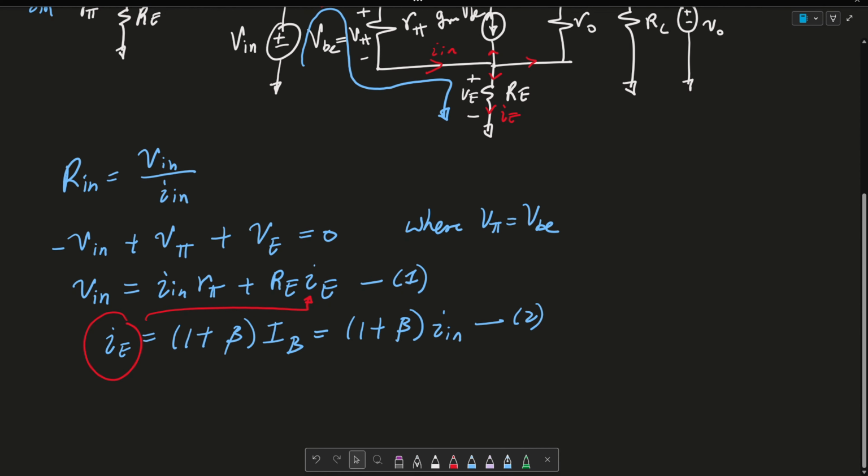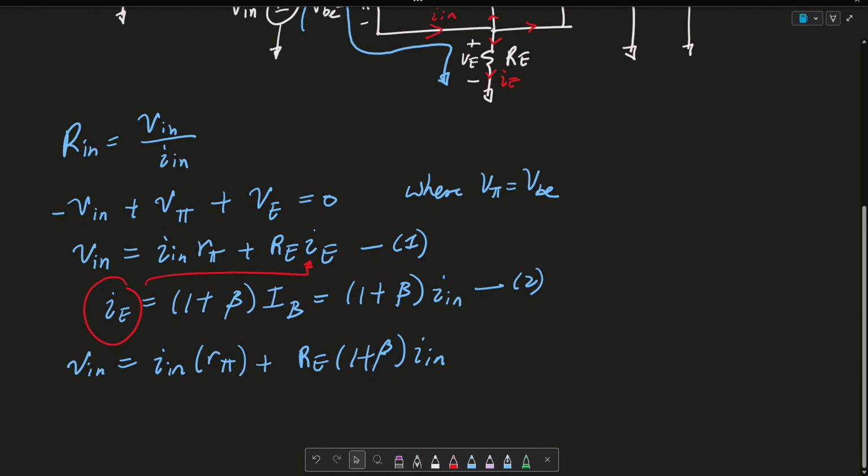We then get that Vn is equal to In R pi plus Re 1 plus beta In.